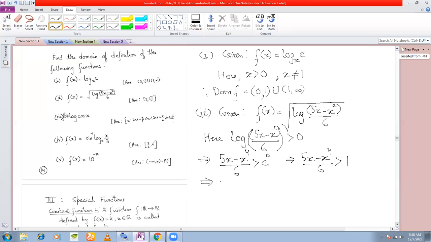That means 5x minus x square is greater than 6. Here it is x square, not x to the power of 4.